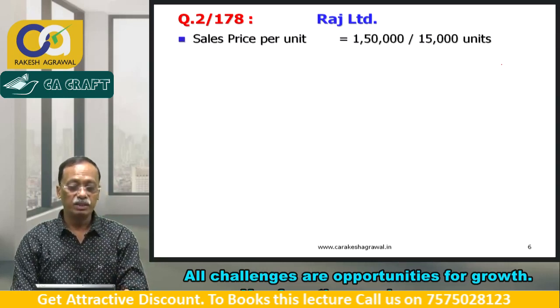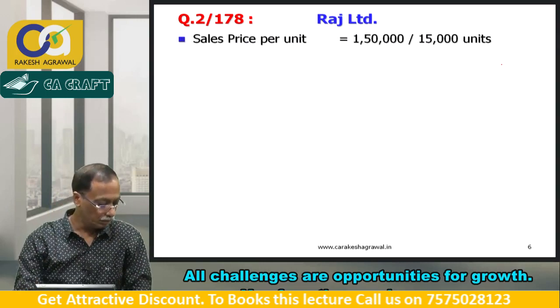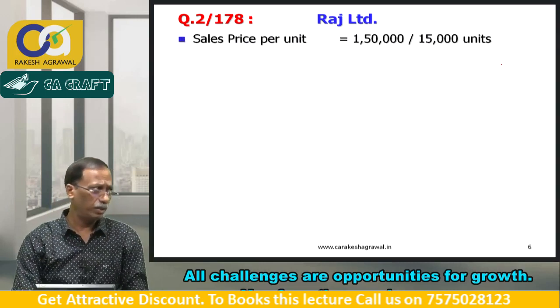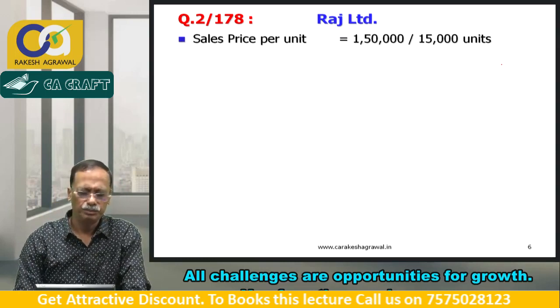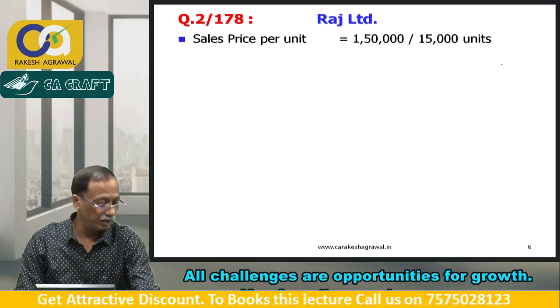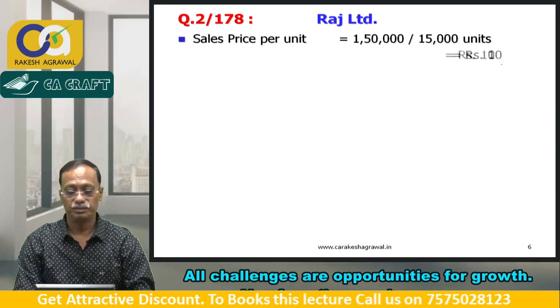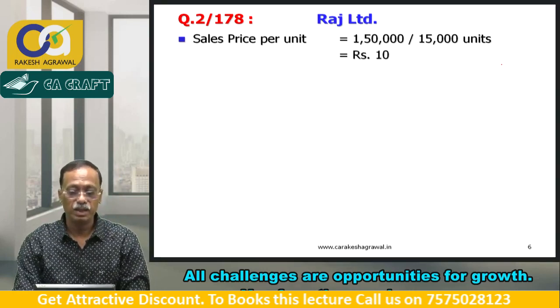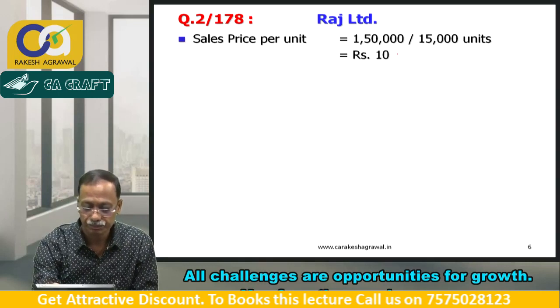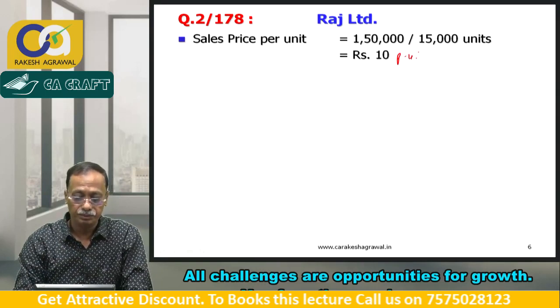Write down: sales price per unit is equal to rupees 1,50,000 divided by 15,000 units, which is equal to rupees 10 per unit.